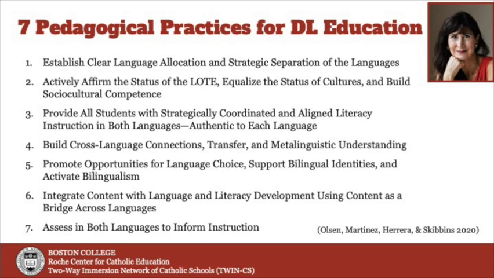So 4 and 5 need to be understood also at this point very well, because we're also insisting on number 1, which is a clear separation of languages. Number 6 is integrate content with language and literacy development, using content as a bridge across languages.